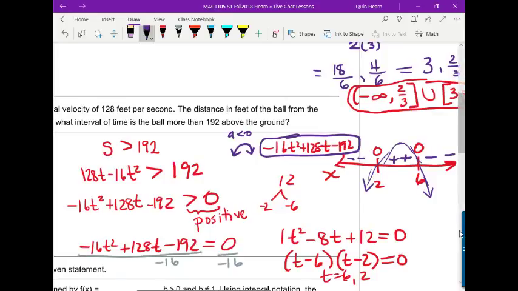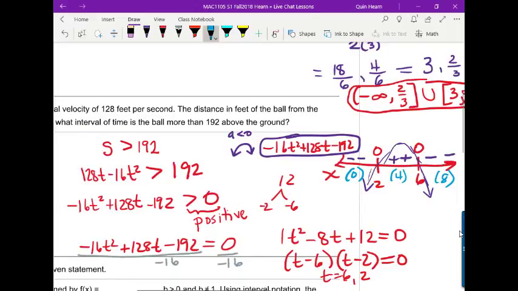If that doesn't work for you, then another thing you could do is just look for a point to the left of 2, like 0. Look for a point between 2 and 6, like 4. And look for a point bigger than 6, like 8. And plug those in, and you'll still find that you get negative, positive, negative.